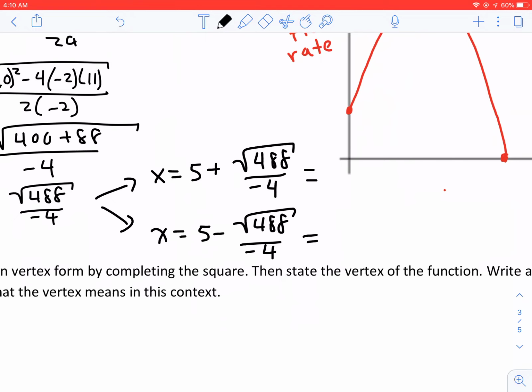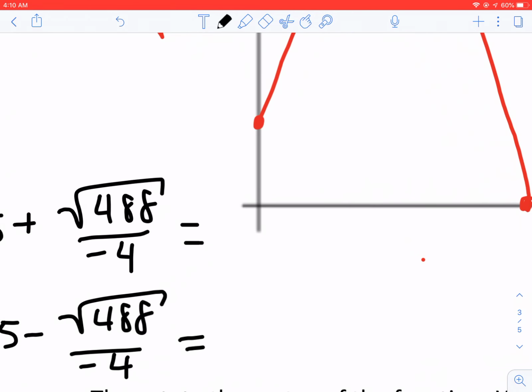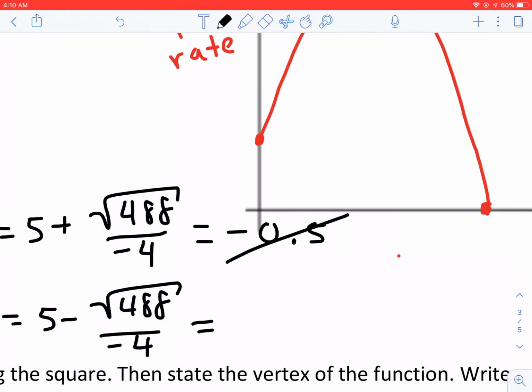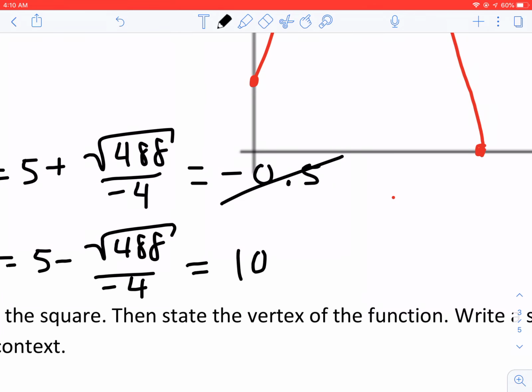So 5 plus square root of 488 divided by negative 4. I'm getting a negative answer there, right? So that's going to be a negative time. So I don't like this answer, so I'm going to reject it. It's around negative 0.5. And my other answer is going to be around 10.5.